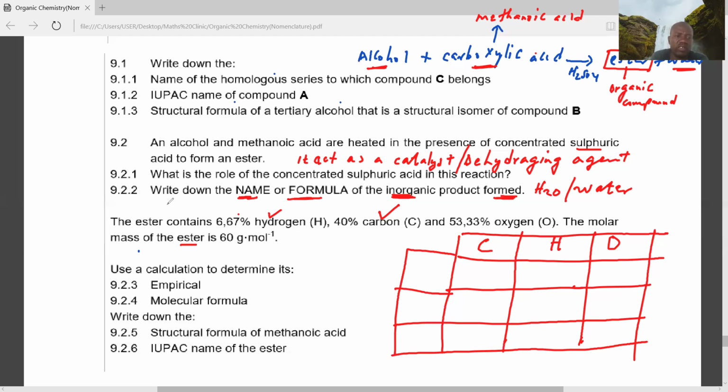Carbon has a mass of 40, hydrogen has a mass out of 100 of 6.67, and oxygen is 53.33. These add up to 100.